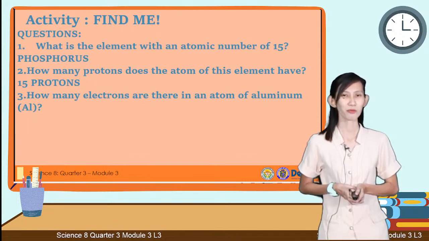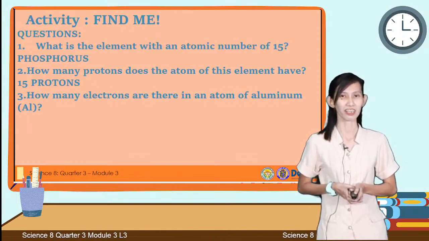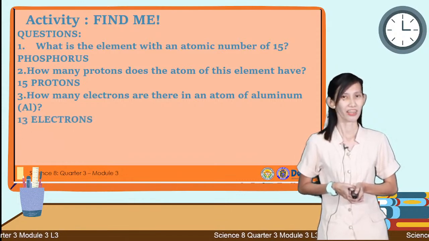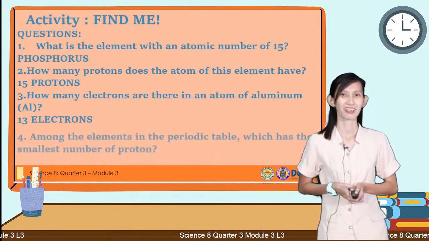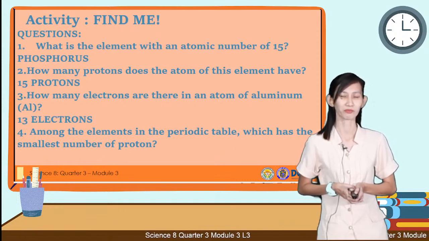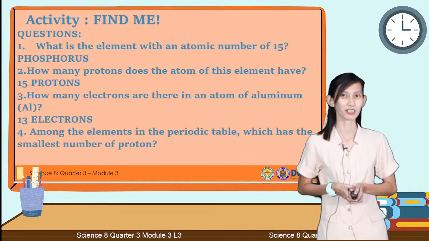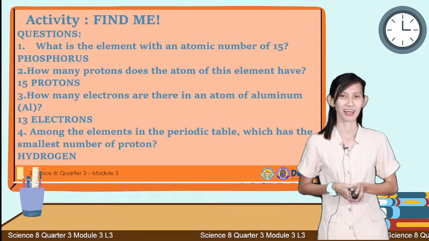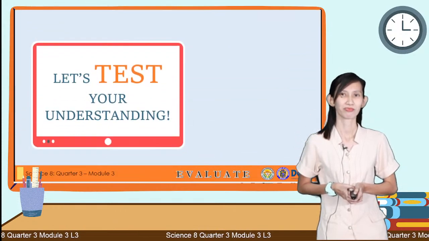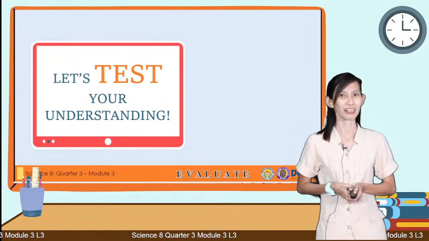Next, how many electrons are there in an atom of aluminum? The answer is 13 electrons. And for the last question, among the elements in the periodic table, which has the smallest number of protons? The answer is hydrogen. We are done in our lesson.